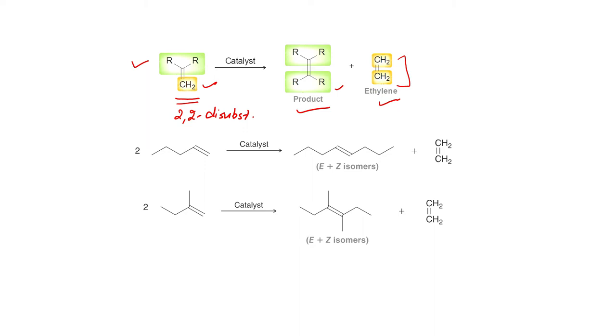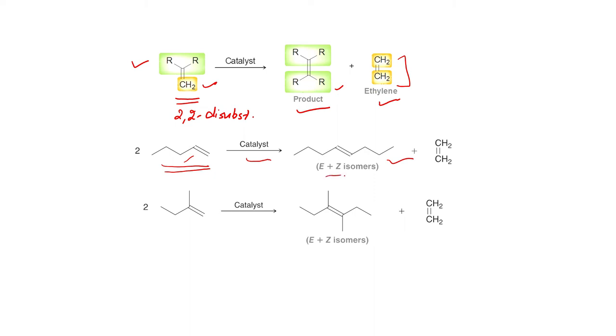So if I ask you what will be the alkene metathesis product of this, you will see that when two molecules of this alkene undergo alkene metathesis in the presence of Grubbs catalyst, you will get this product.